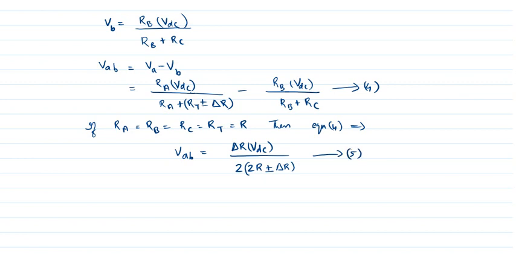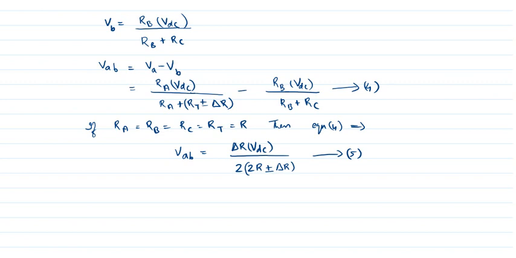So now we have the differential voltage that we applied to the op amps. Now we have to find out what will be the output voltage of the circuit.